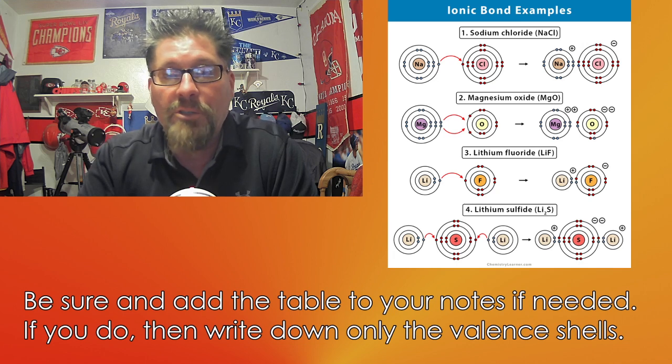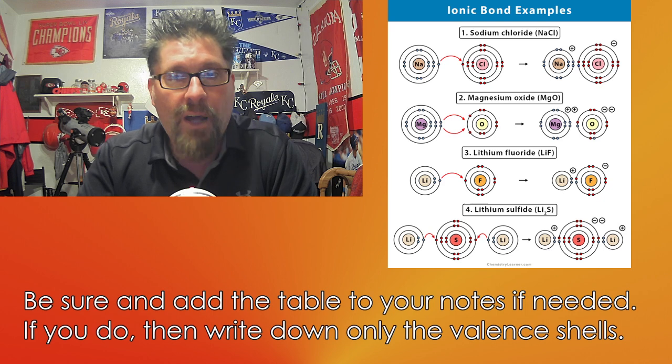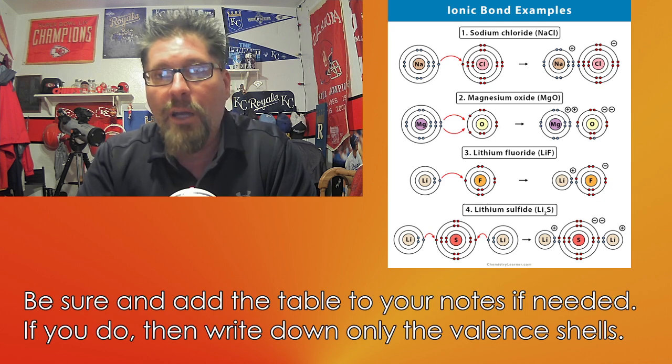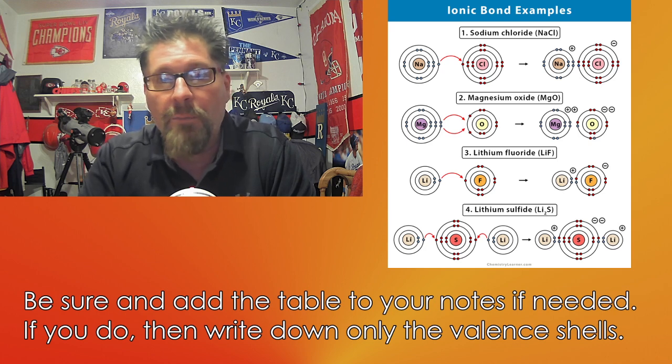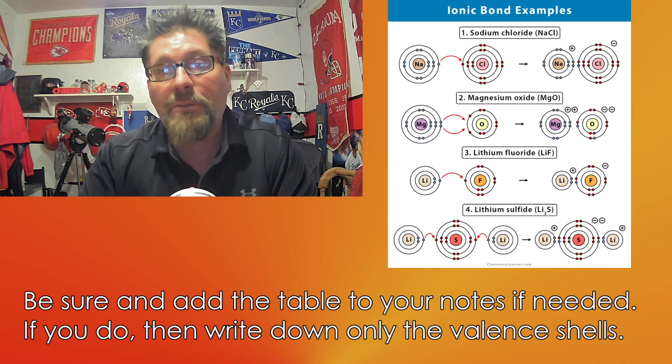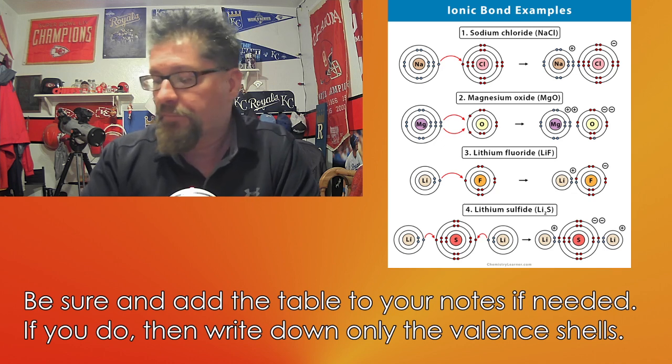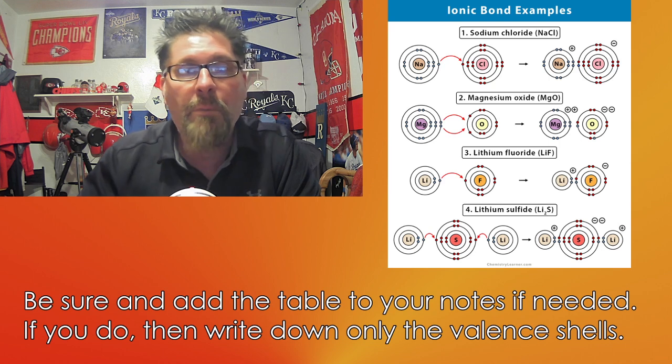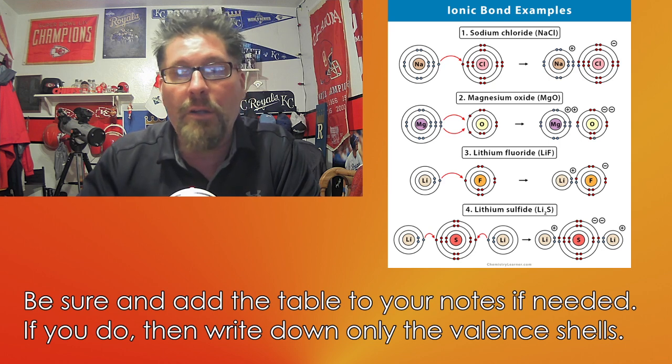But the same concept applies: it goes from 6 to 8, and the lithiums lose their valence electron, their valence shell becomes inactive, and now they're down to the first ring, which is full. So everybody meets the octet rule, some by gaining, some by subtracting or losing. That is the essence of ionic bonds.